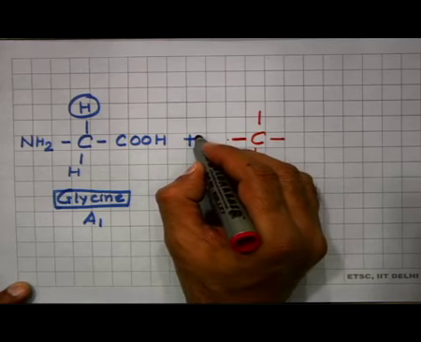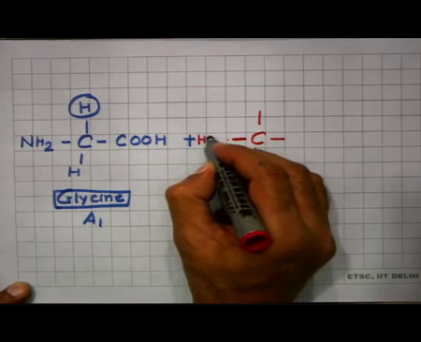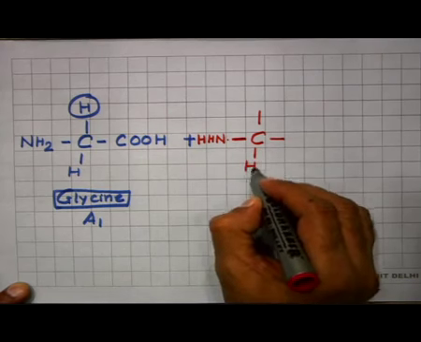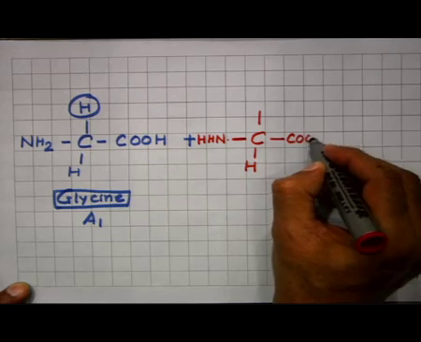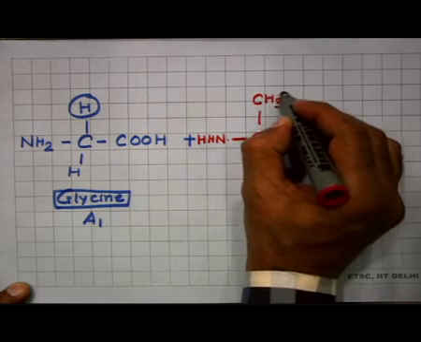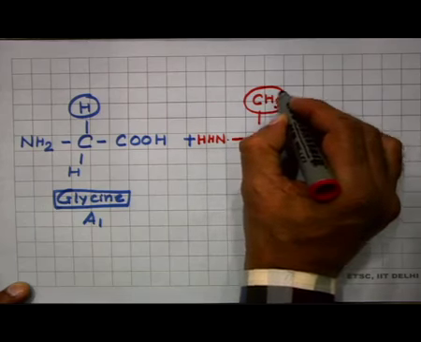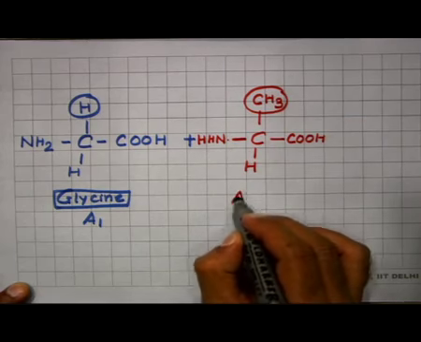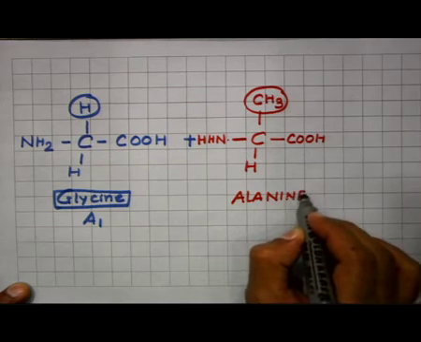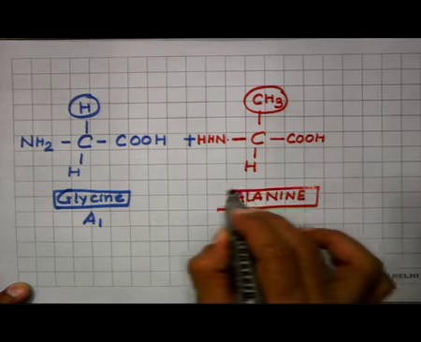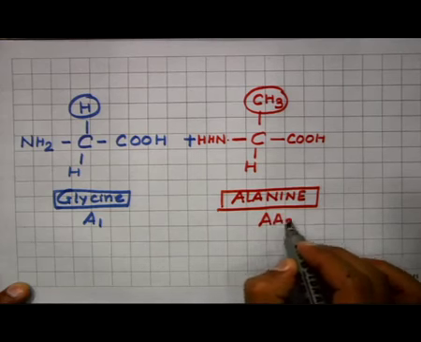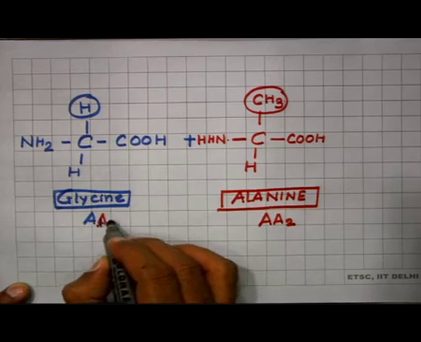So, we can write here NH2, here H, here COOH, here CH3. Now, you are able to write the structure of alanine. You can treat alanine as amino acid 2, and glycine as amino acid 1.